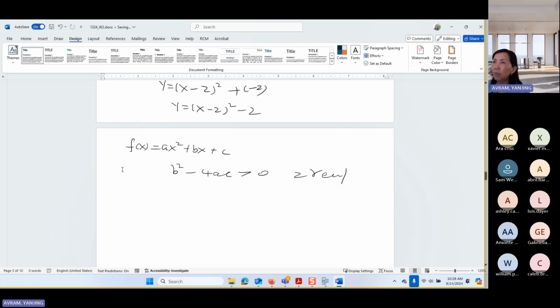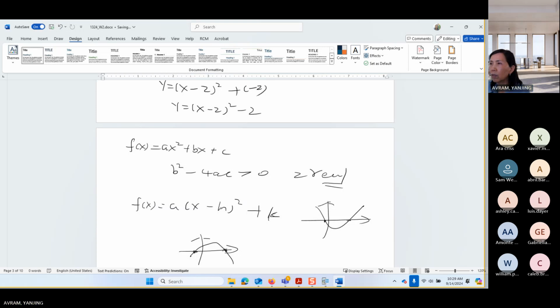But if you write it in this form, it is a little bit tricky. How do you tell it has two real zeros? That means it will cross the x-axis twice, so you're going to have two of them here.